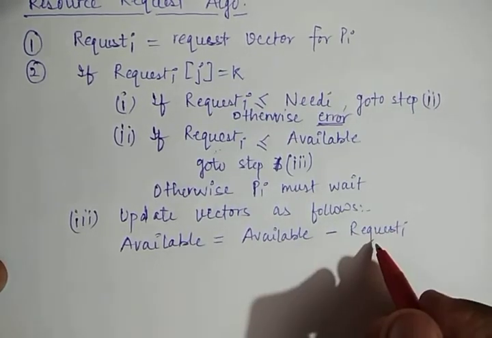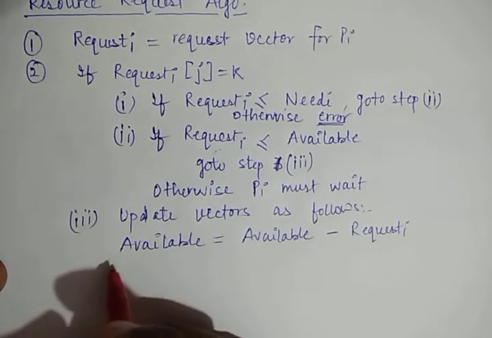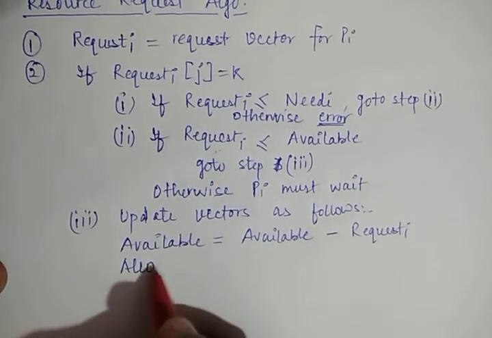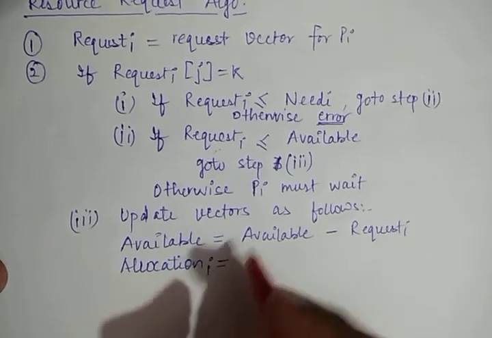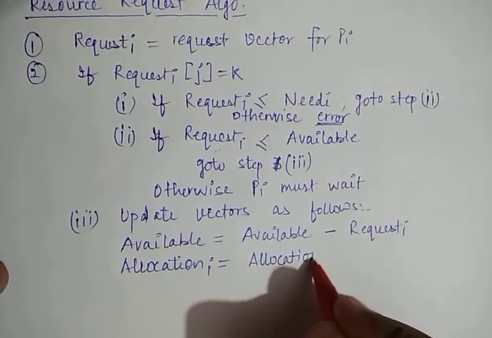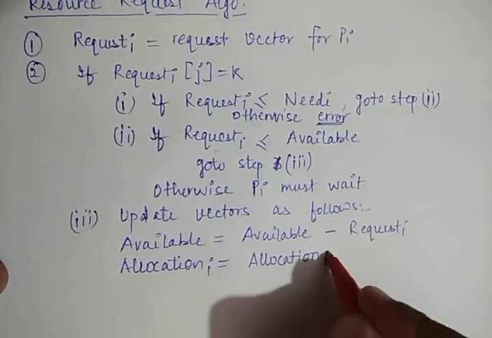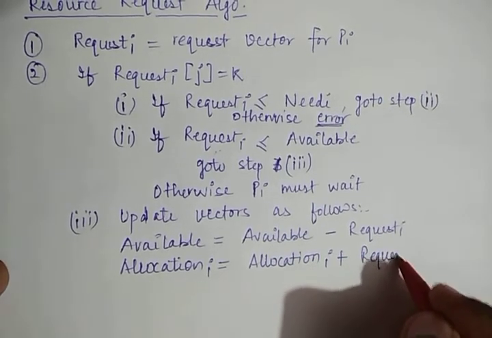Then Allocation of i will be increased by its request value, because it has been granted a new request.